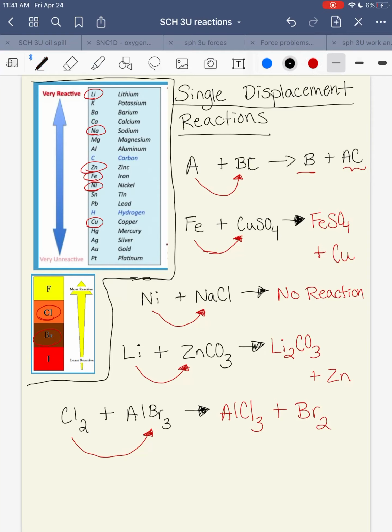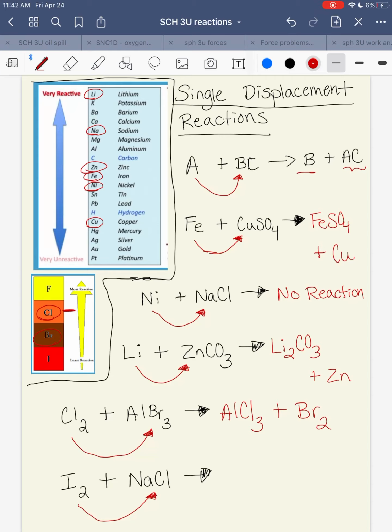Let's actually try one more of those where we are not able to do the reaction. So say we have iodine reacting with, let's just do sodium chloride. In this one, our iodine is going to try and replace our chlorine. We've already found chlorine up here, right?